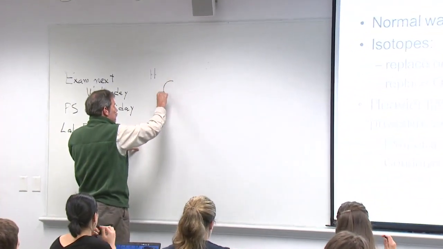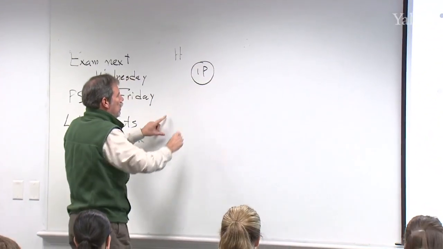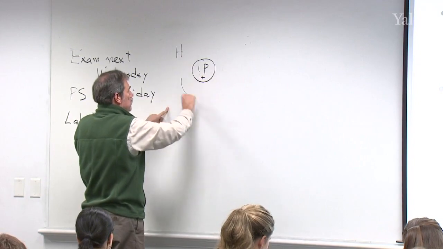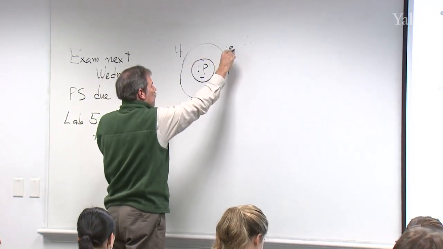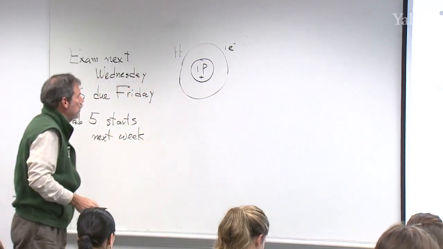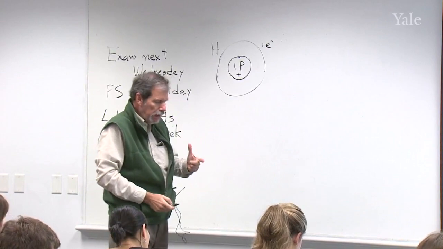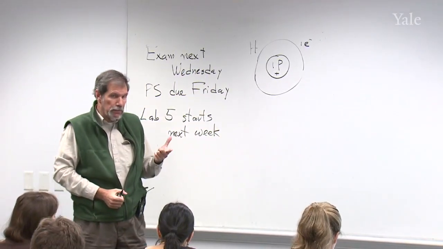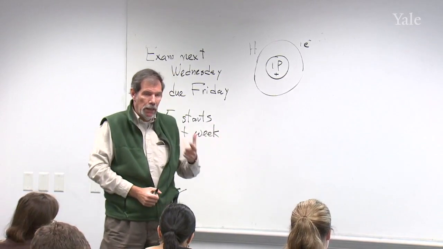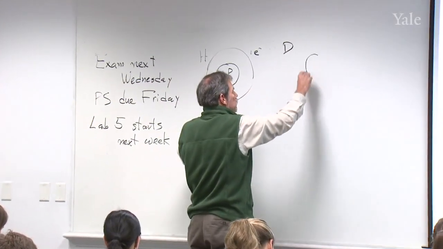Hydrogen has a nucleus with one proton. Therefore, it has a single positive charge and typically has one electron with a negative charge going around it. There are two famous isotopes of hydrogen. One is deuterium and one is tritium. I'm not going to talk about tritium today, but I'm going to talk about deuterium.